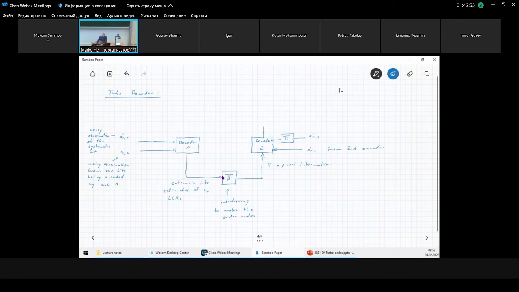And this will be fed forward again to decoder 1. Notice again on the right side we processed the interleaved sequence. So if we want to feed this back to decoder 1, we need to de-interleave the sequence again to make the order match. Denoting this here, it's this de-interleaver.